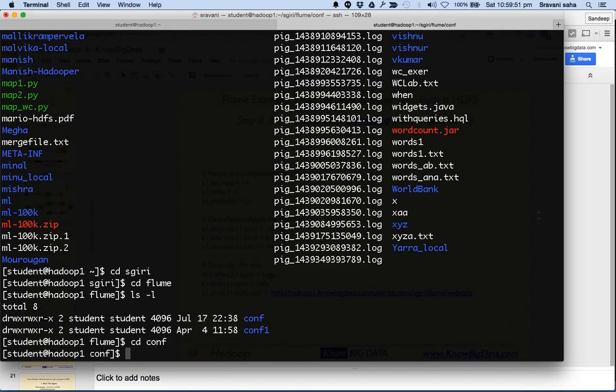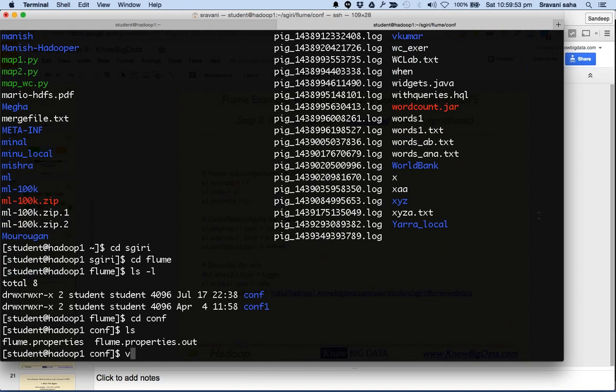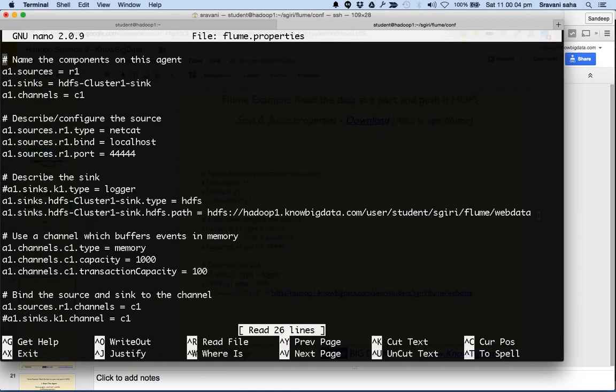So let's go into conf and have a look at flume.properties with vi. If you don't like vi, you could also use nano flume.properties. You can press tab to autocomplete.